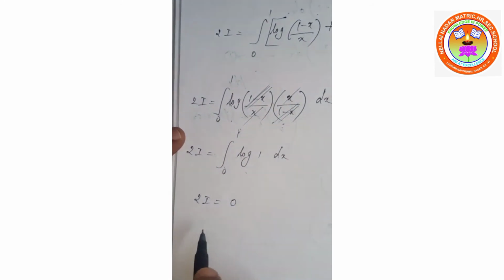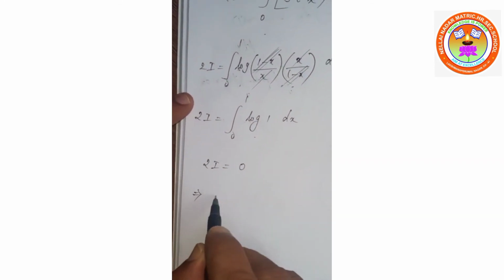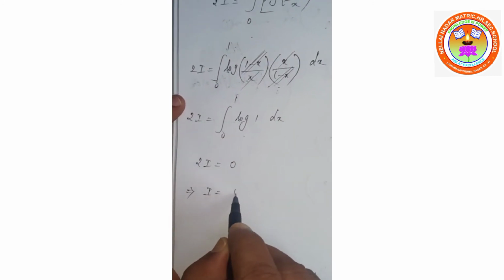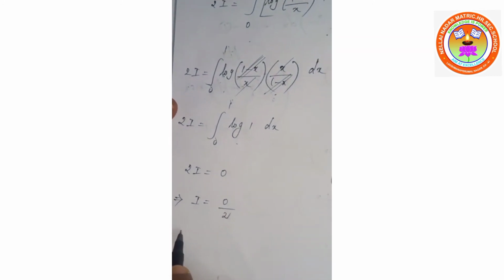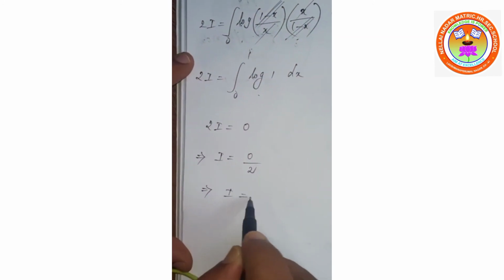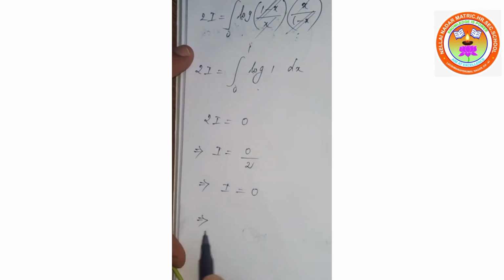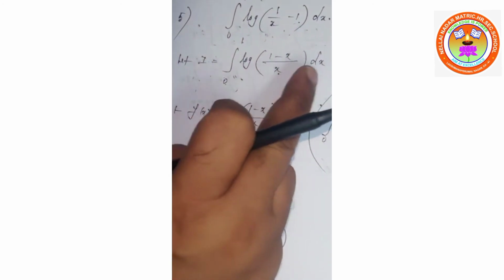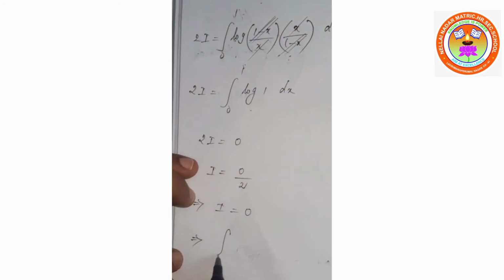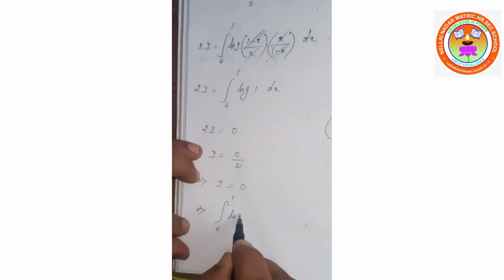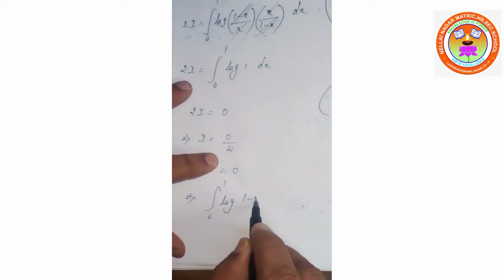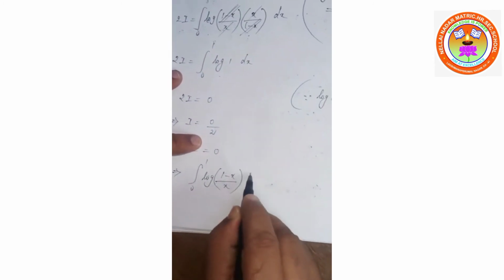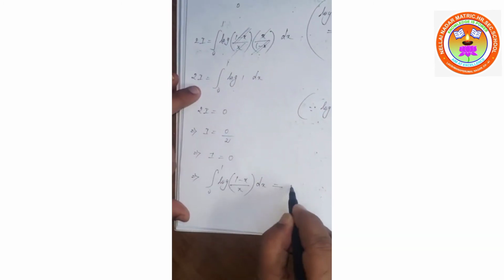So 2I equals 0, but you have to find out the value of I. I equals 0 divided by 2, which implies I equals 0. What is I? I is the given integral: 0 to 1 log of (1 minus x) by x dx equals 0.